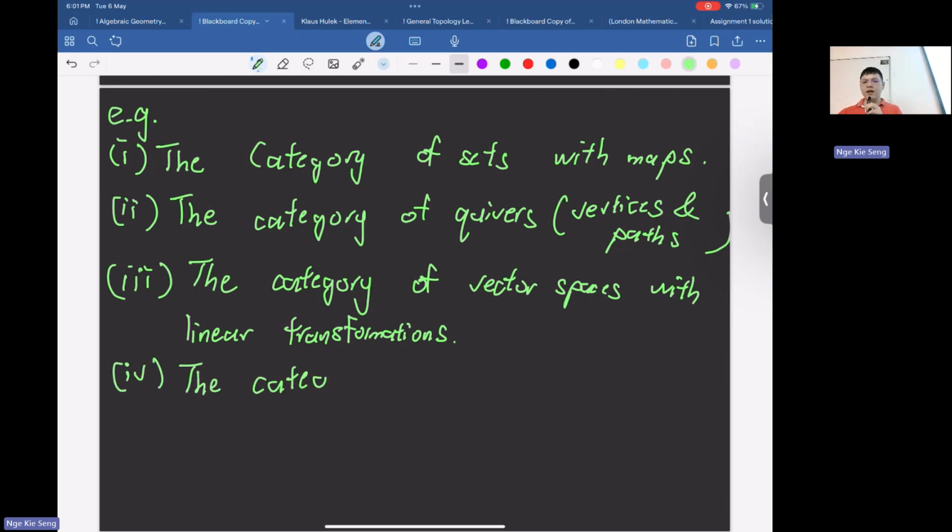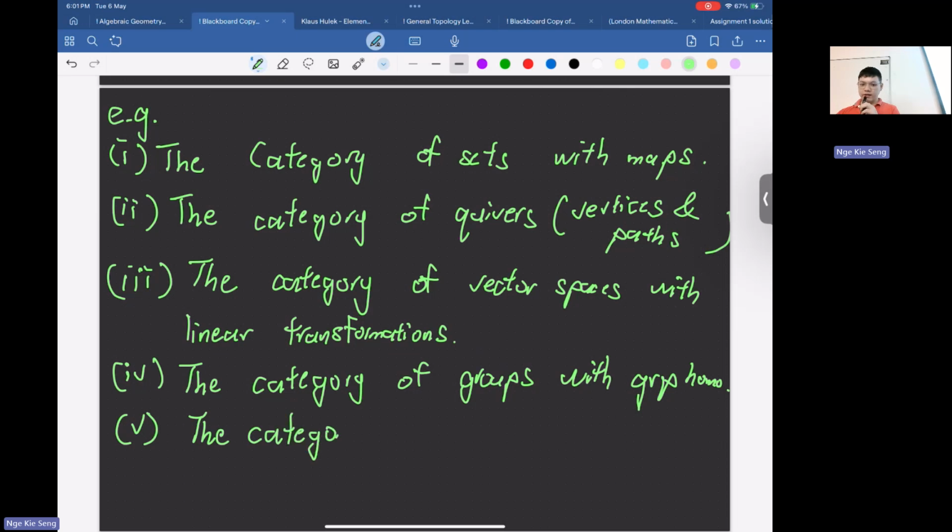What did you see? The category of groups. What's the map here? Group homomorphism. And in the same course, you also see the category of rings, which you consider with ring homomorphisms as your Hom sets.